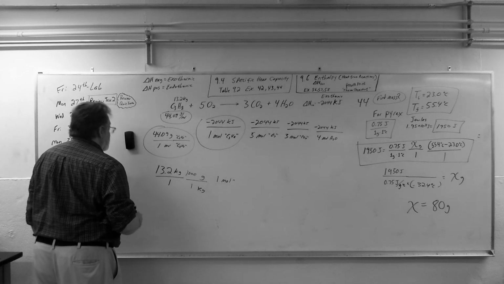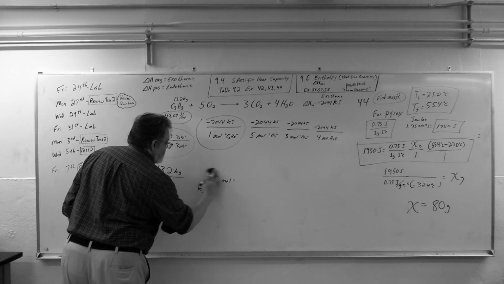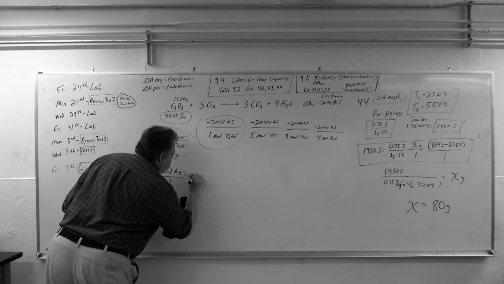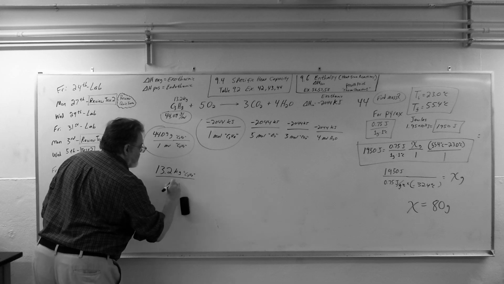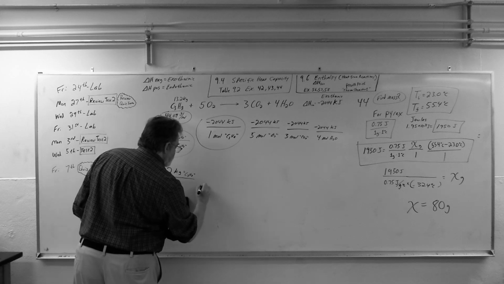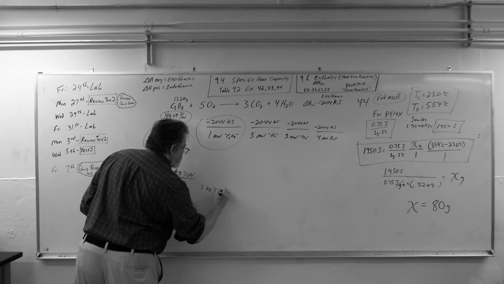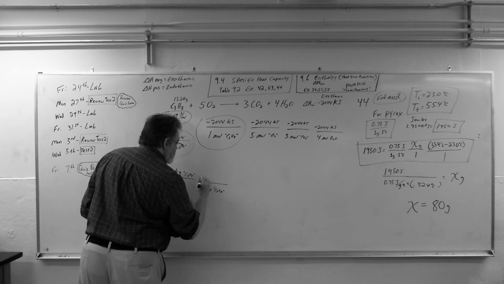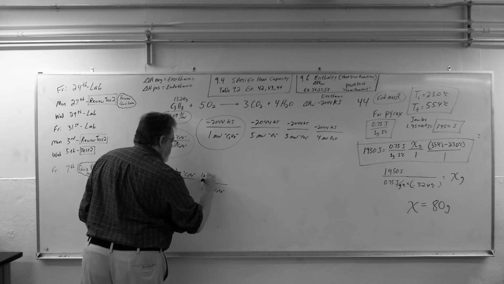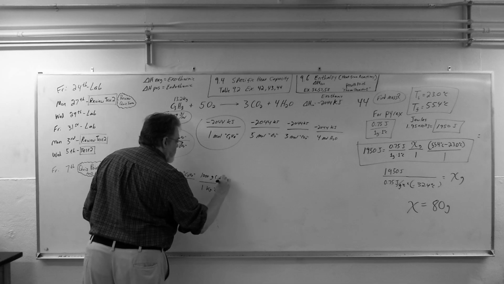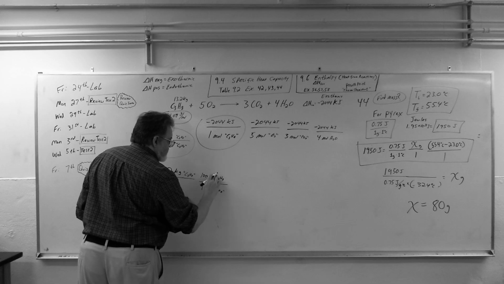I should have, let me be formal here. C3H8. And then 1 kilogram of C3H8 is 1,000 grams of C3H8.